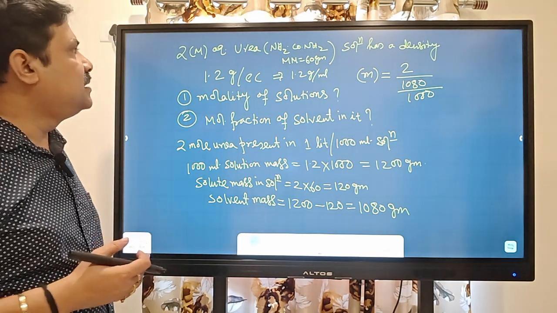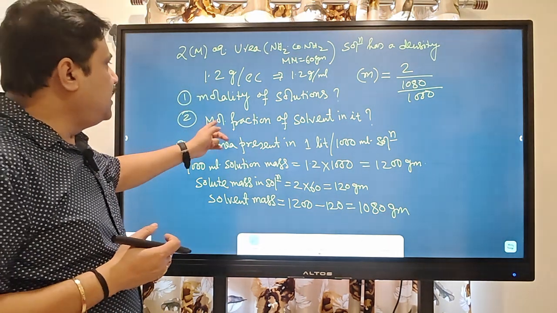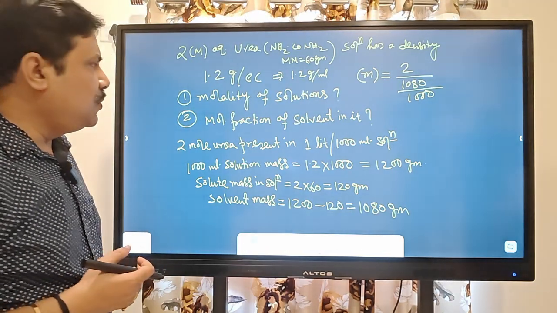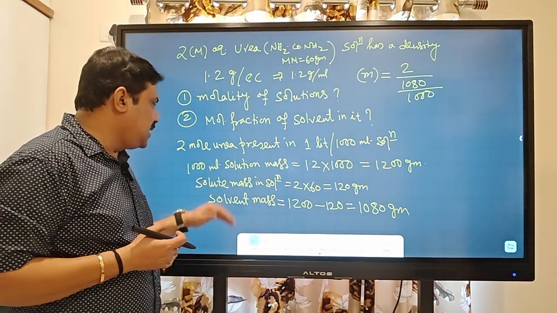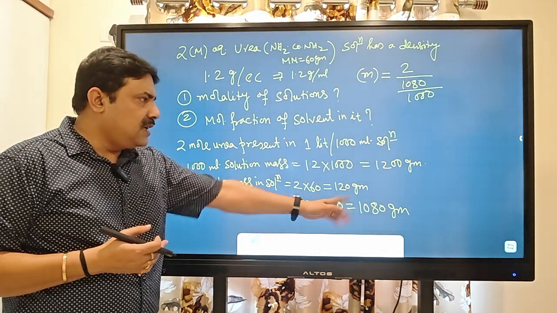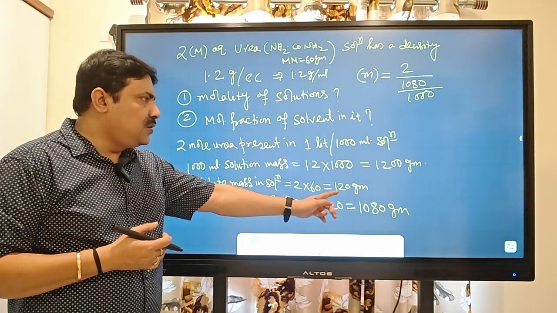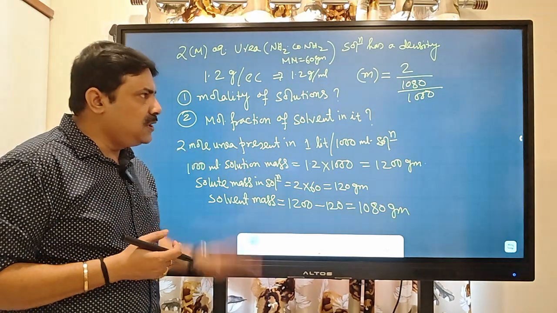Now suppose they are asking for the mole fraction of solvent in it. Now we understood that in that solution the solvent mass was 1080 gram and solute mass is 120 gram, meaning 2 mole of solute is there.